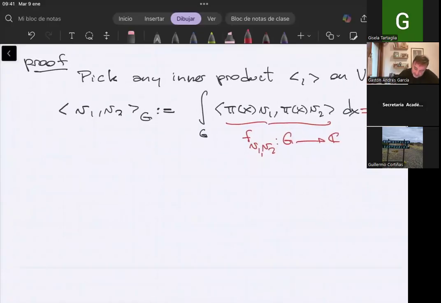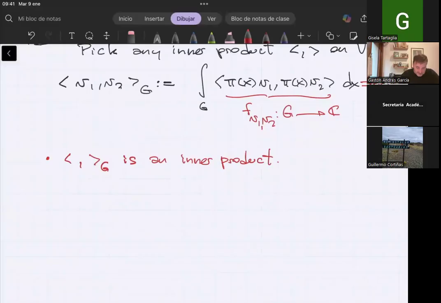Yes? So we are defining a new thing depending on the Haar integral of G. And the thing is the following. This thing is actually an inner product, okay? So for that, one has to prove the following: if we take the same element, this is always bigger or equal than 0.